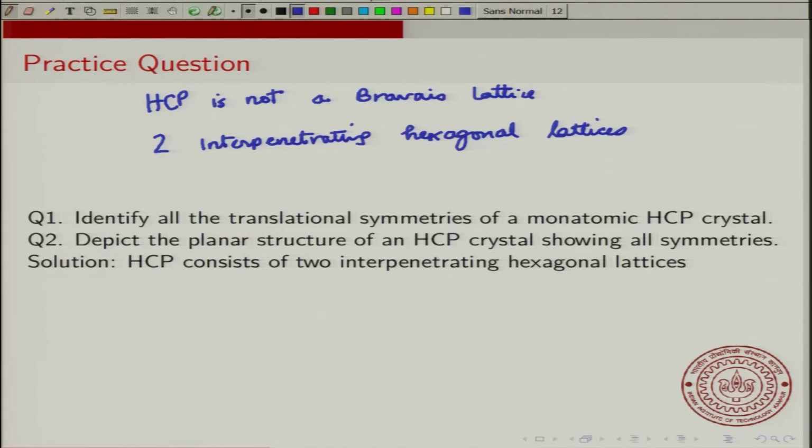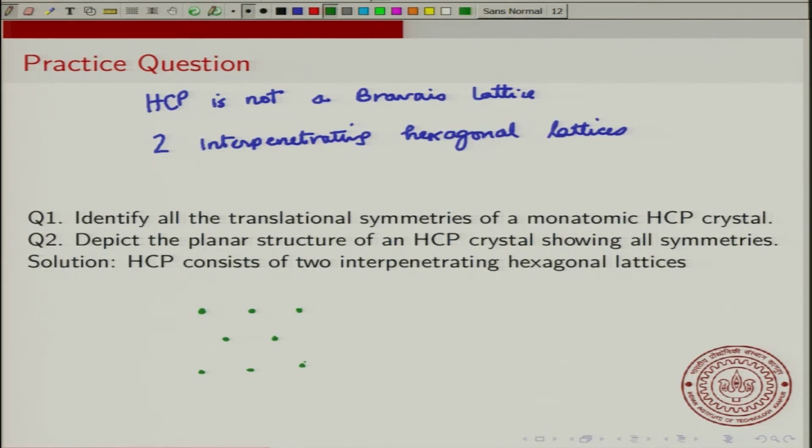So what does HCP look like? I will just show you here. If you have, let us say, in the plane of the paper, you can have one hexagonal lattice, that will be in this manner.